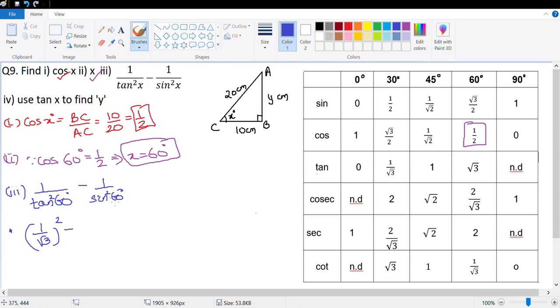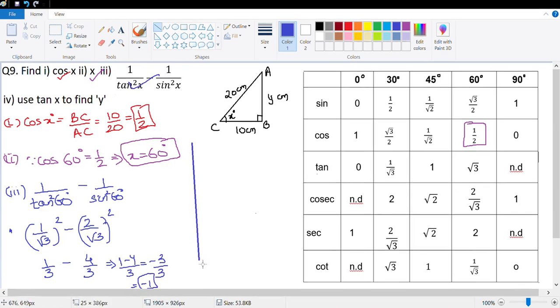So this is cosec square 60, which means 2 upon root 3 whole square. So this is 1 upon 3 minus 4 upon 3, which is equal to 1 minus 4 upon 3, which is negative 3 upon 3 is equal to negative 1.